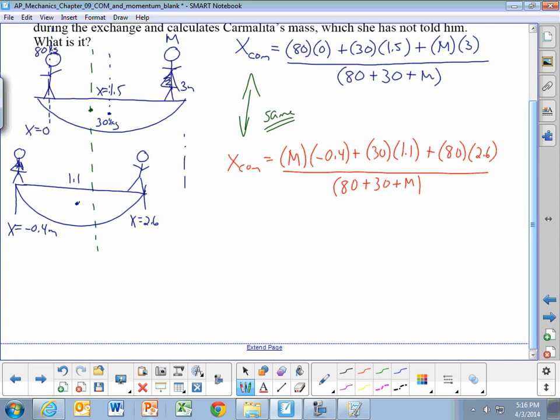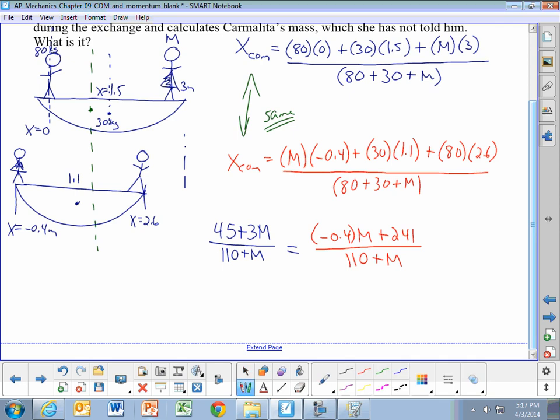Before they traded places, if you work out that numerator, you get 45 plus 3m, and the denominator is 110 plus m. I'm going to set that equal to, in the second equation, negative 0.4 times m plus 241, divided by 110 plus m.